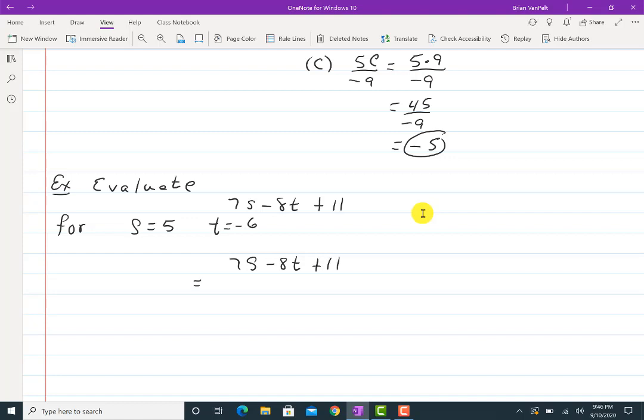7s means 7 times 5 because s is 5. And then I have minus 8 times t, that was negative 6, plus 11. Let me give you a warning.